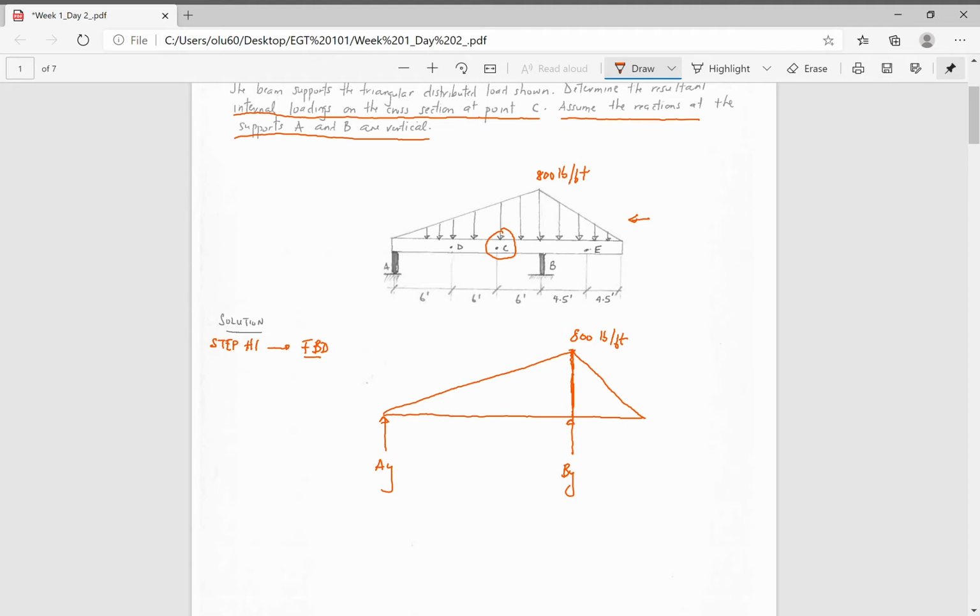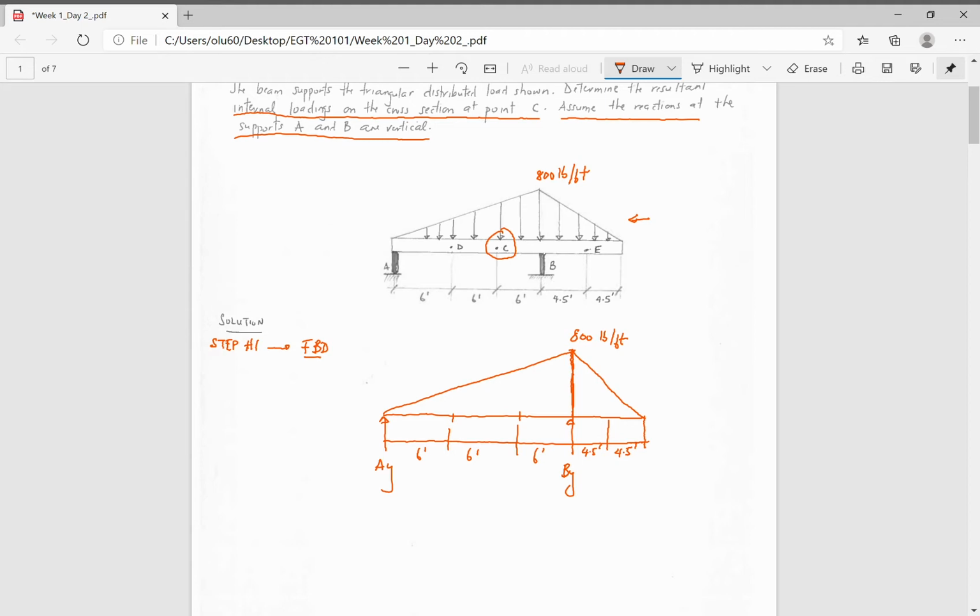Now mind you, at point D, so point here, point here, just put our span. This is 6 feet, 6 feet, 6 feet, 4.5 feet, 4.5 feet.